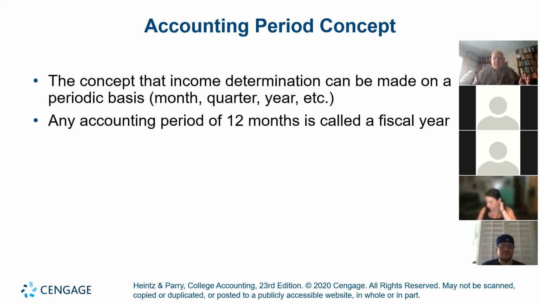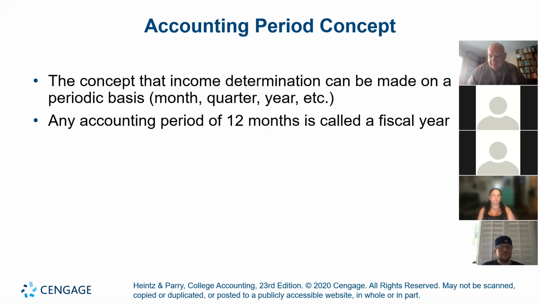The accounting period concept. We talked in the first chapter about generally accepted accounting principles, processes and procedures. One of the terms in that was something called periodicity. What a word that is, huh?